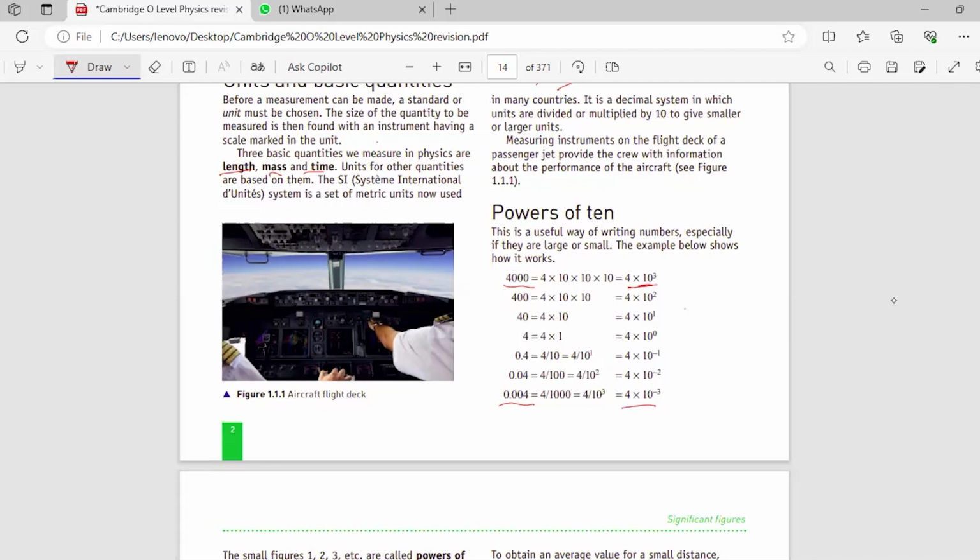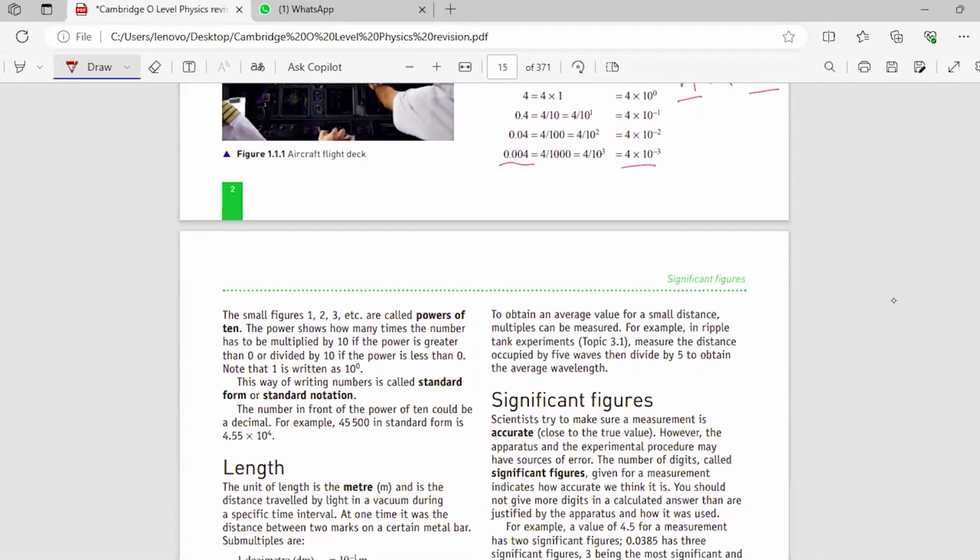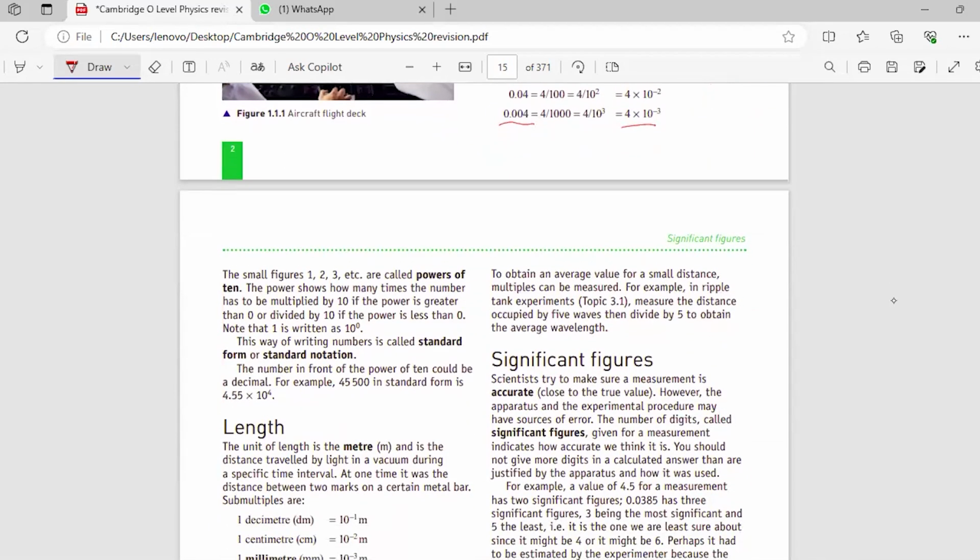The general format is A into 10 to the power x, where A is a digit from 1 to 9, 1 point something up to 9 point something. That is called the standard notation.